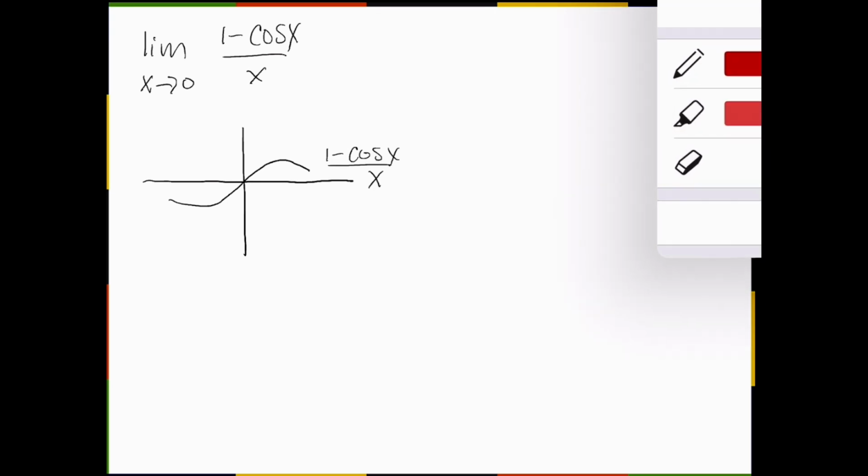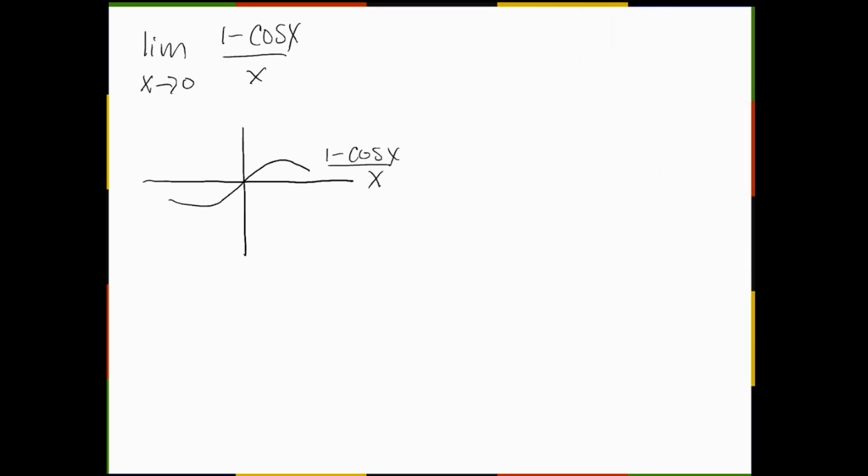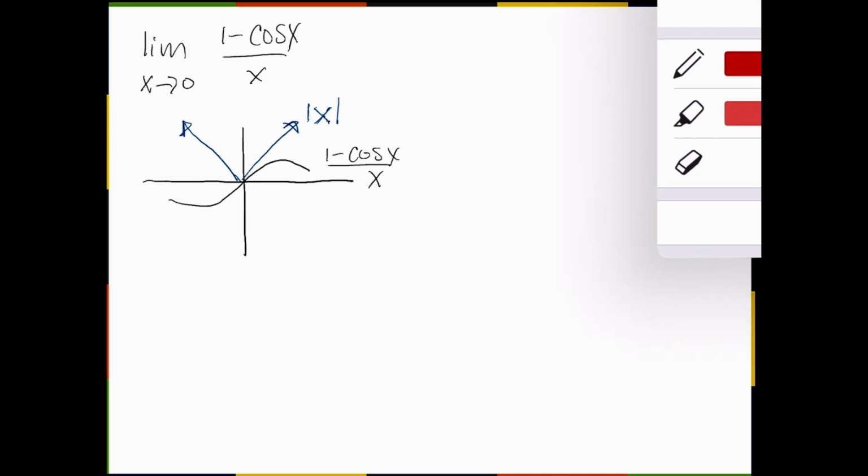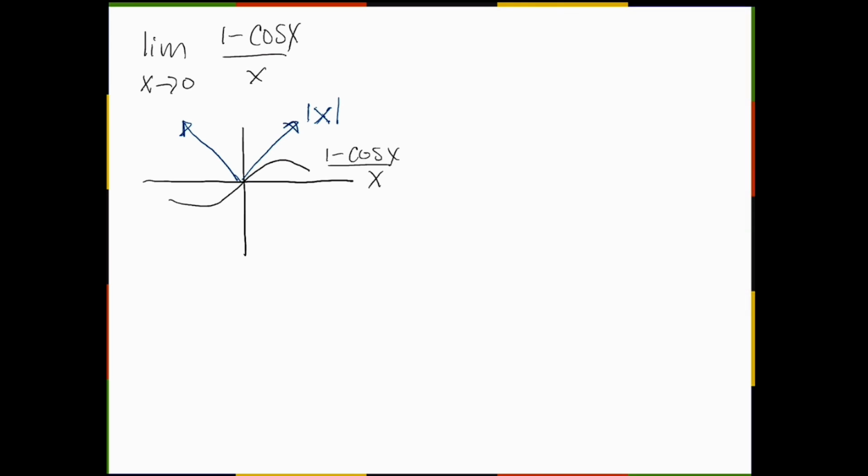Now let me add different colors here. So this function right here that I'm writing in blue, this is the absolute value of x. And let me use a different color. I'll use green. Negative absolute value of x is the same thing as the absolute value of x, but just flipped upside down.